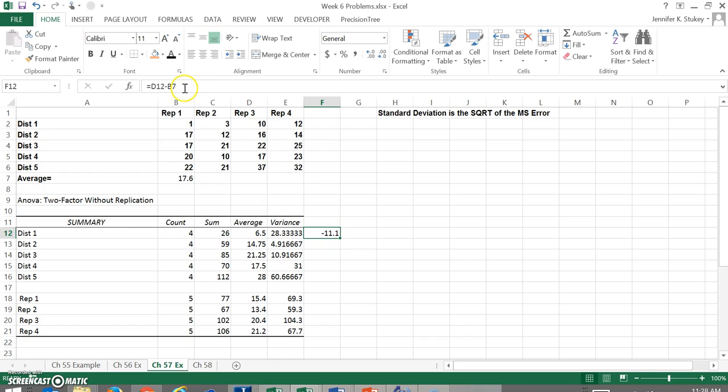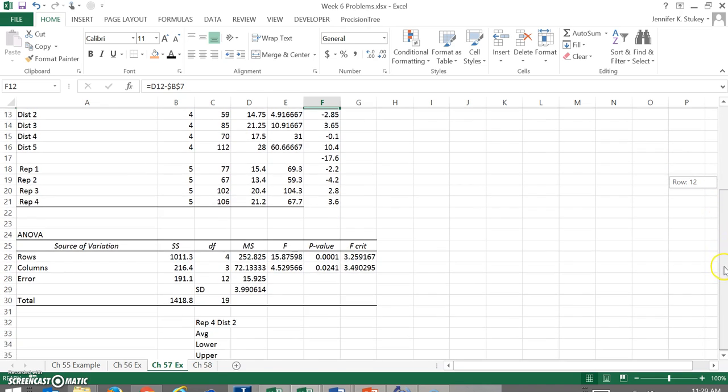I'm going to go back and make this B7 an absolute value, and then we can just copy and paste this formula all the way down. So this is how the average of each group differs from the overall average of all of the data.